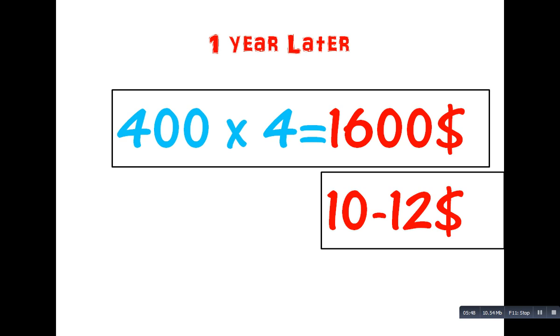The reason I'm quoting around 10 to 12 rather than exactly 12 is that you might end up paying some taxes on the dividend, and also at the beginning of the year you are only getting around $3 a year, while at the end of the year you are getting around $12 a year. So what you actually earned within the year may not have been at the rate of 1.5% a year, and that is why I'm counting a little less. You would have got approximately $10 to $12 in that year.